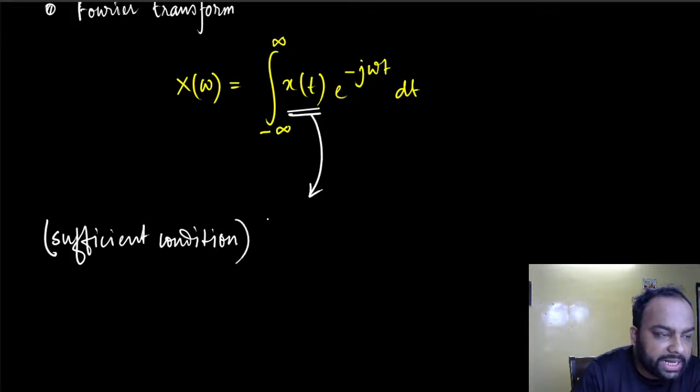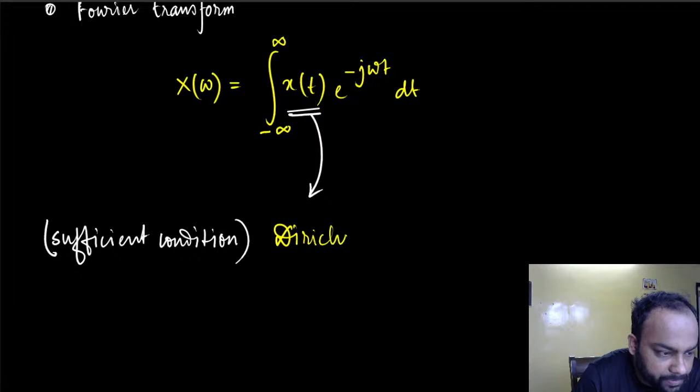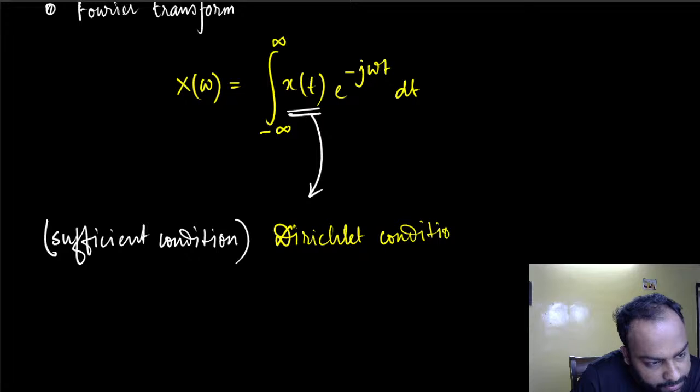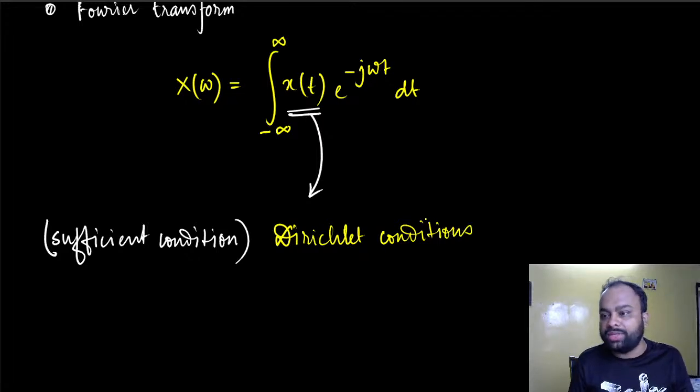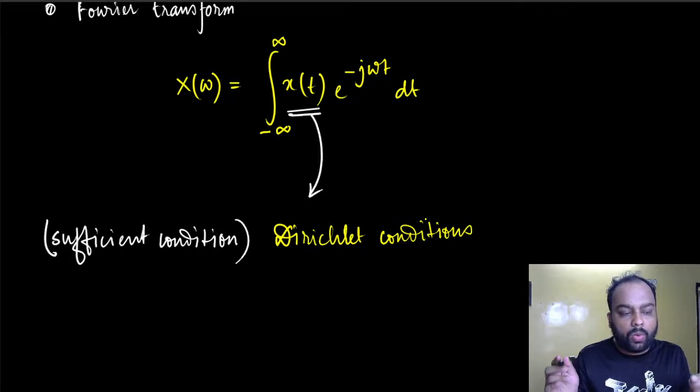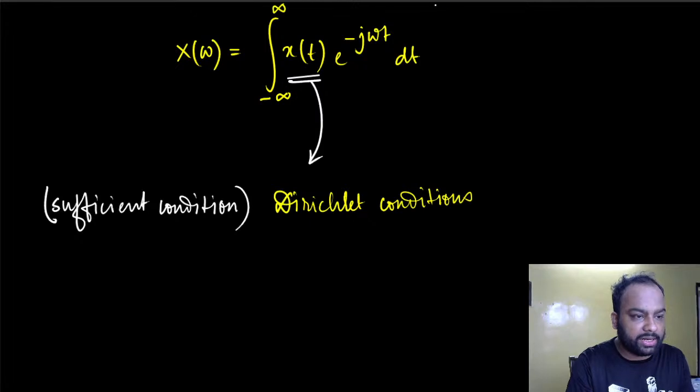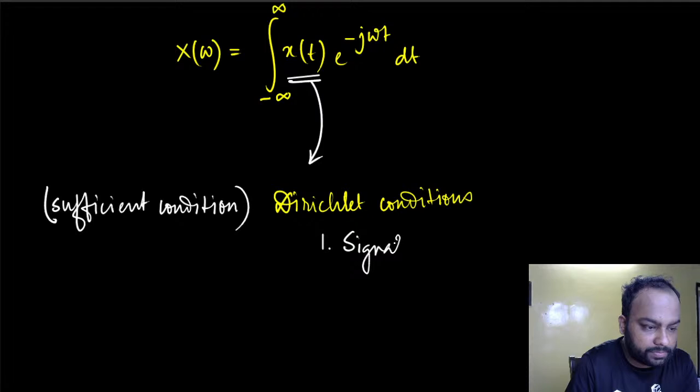These are known as the Dirichlet conditions, named after Gustav Dirichlet. Let me remind you what these conditions are. There are three conditions imposed on the signal. One is that the signal has to be bounded, so x(t) must be bounded.